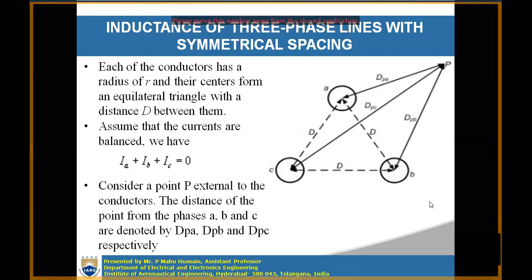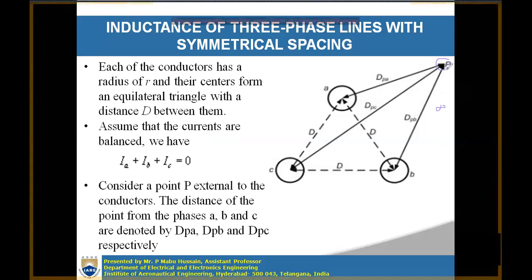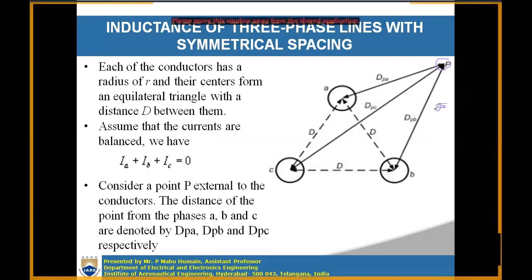Now here, we are moving the point P to a far away distance, let us call it infinity. If you bring point P up to the infinity point, then the distance from infinity to conductor A, to conductor B, and to conductor C will all become approximately equal.